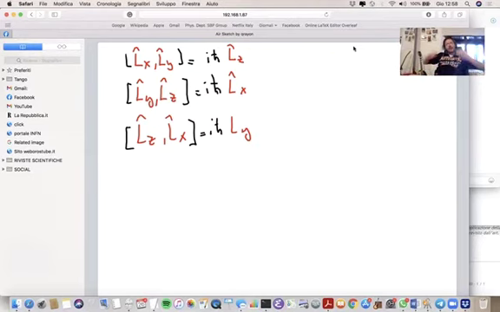So no, you cannot measure all three components of the orbital angular momentum simultaneously. The measurement of the second component will destroy the information about the first, and you will get a non-vanishing commutation relationship. There will not be any joint eigenbasis for these operators.